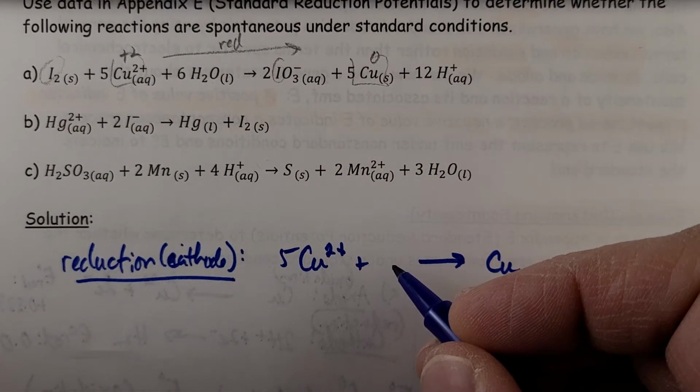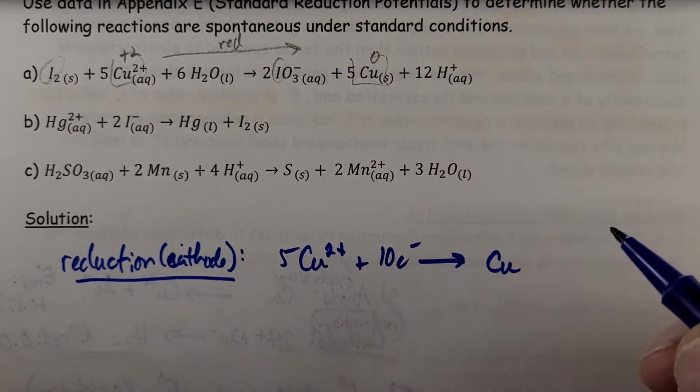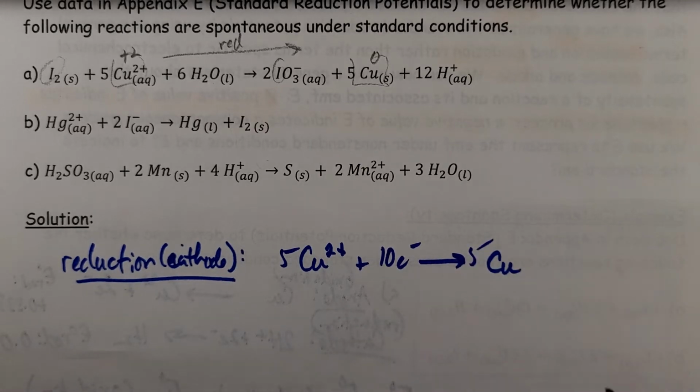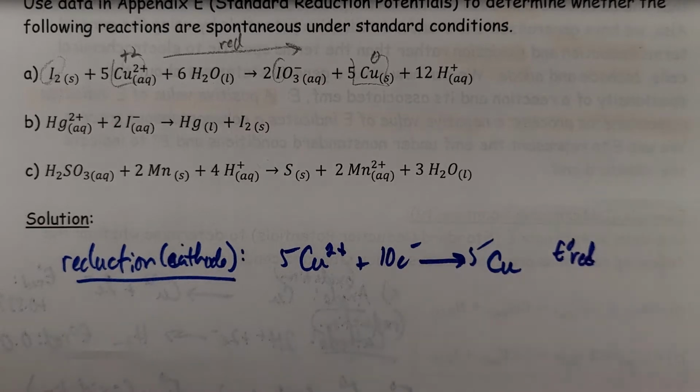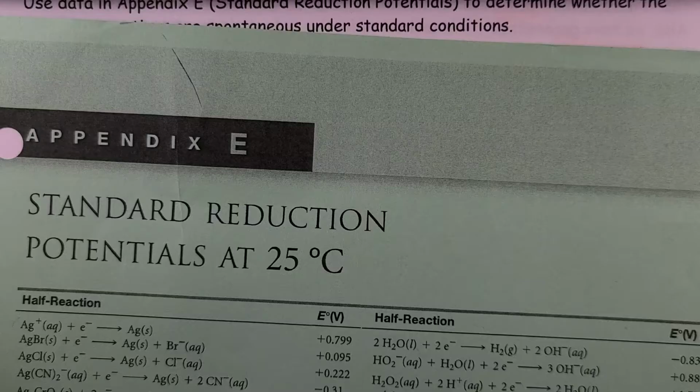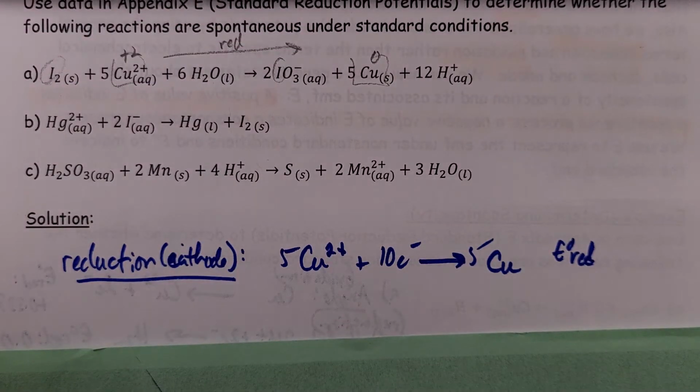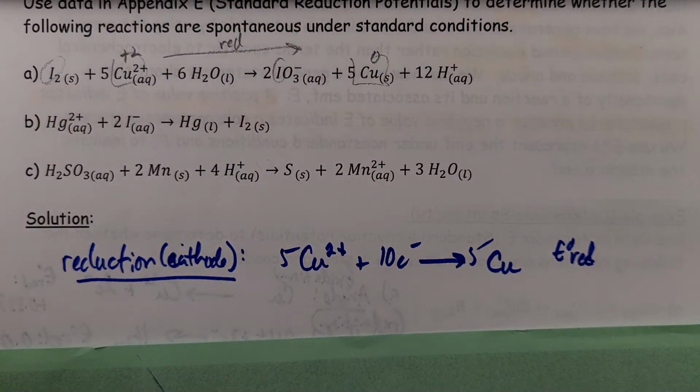So 5, and then 2 times 5 is 10 electrons, and then 5. And again, this stays the same though. So my reduction potential works out to be plus 0.337.